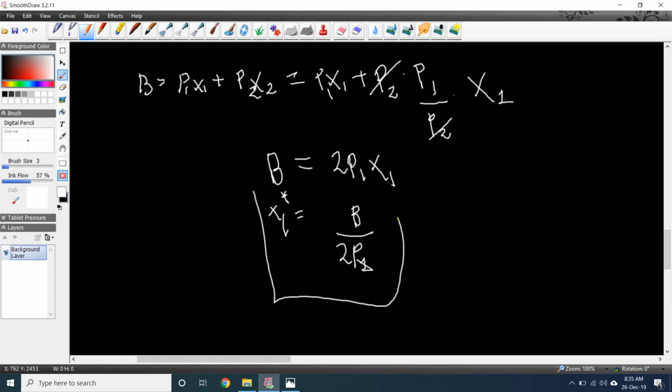This is the required Marshallian demand curve for x1.